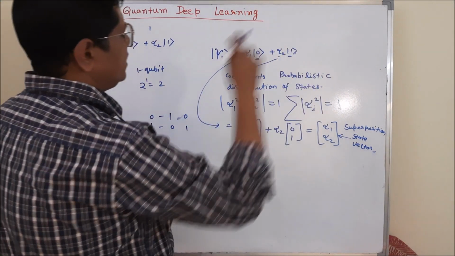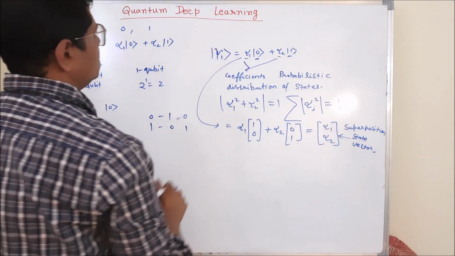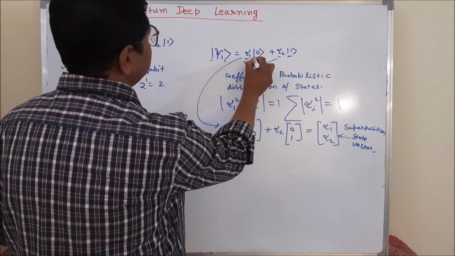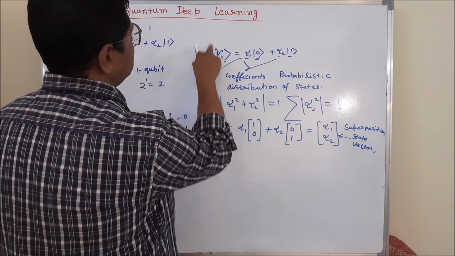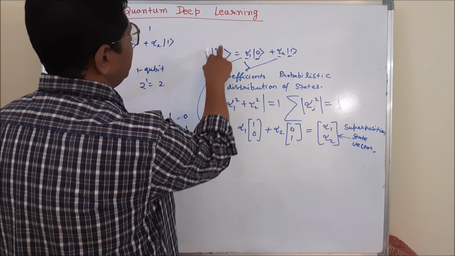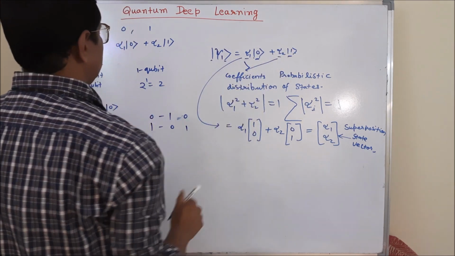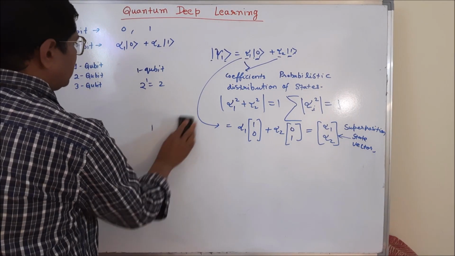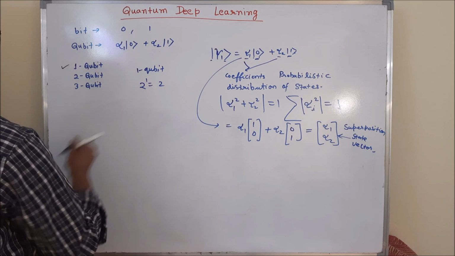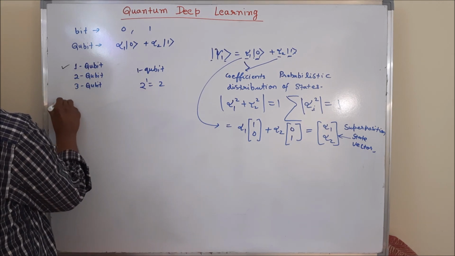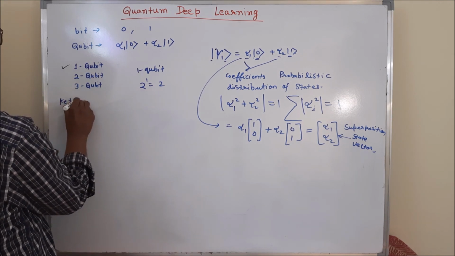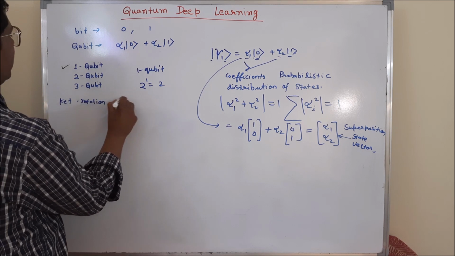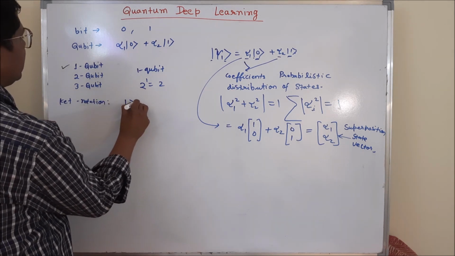Now you may think, what is this notation, like some line and then a greater than sign? Actually, in the quantum field, we generally use two different kinds of notations. The first notation is known as the ket or qubit notation. We represent it like this.